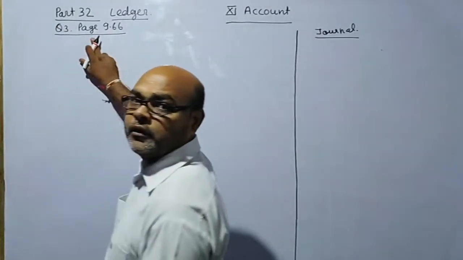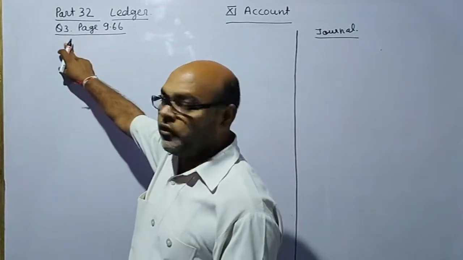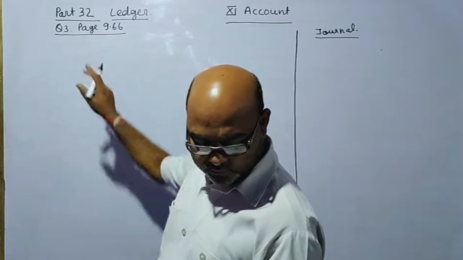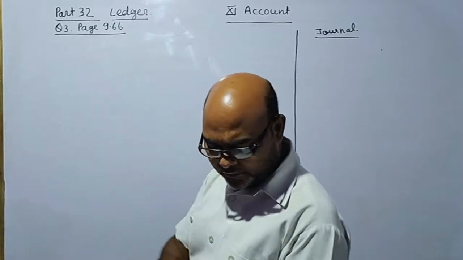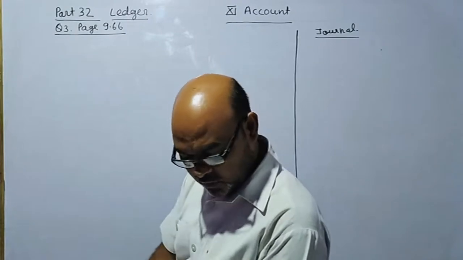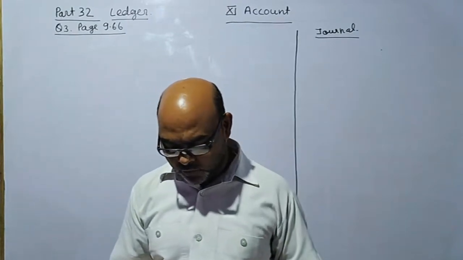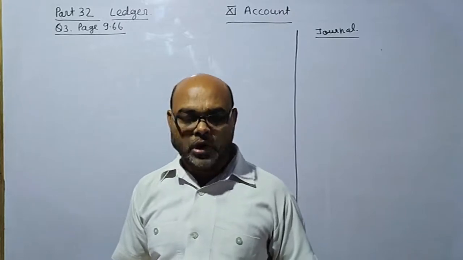Now see page number 9.66, question number 3. The following balances appeared in the books of Ram and Shyam on January 1st, 2018.